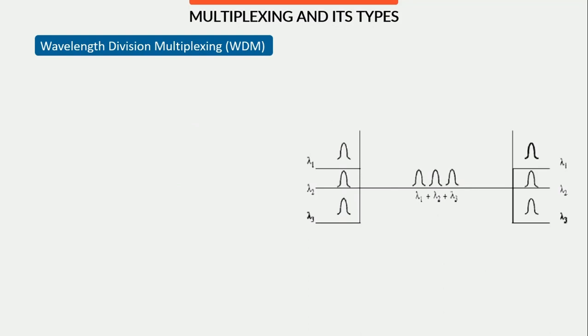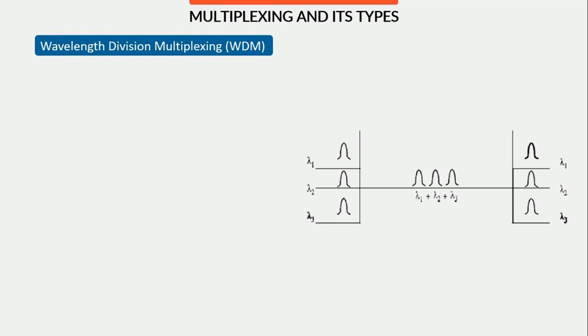Now let us discuss the next multiplexing type, which is wavelength division multiplexing. It is conceptually similar to frequency division multiplexing. The only difference is that it is purposefully designed for fiber optic cable to support a high data rate, because we all know fiber optic cable communicates light signals.